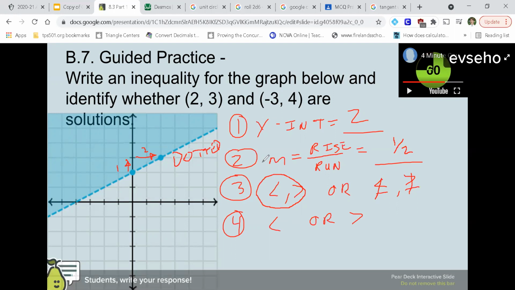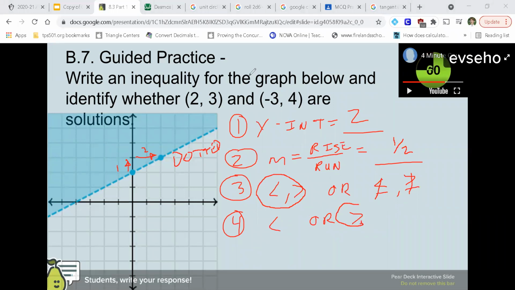Uh-oh. What do we think? You think less than? Why? Just because we feel like less than right now. What's the test? Look at the shading, right? We're shading above. So since we're shading above the line, we want greater than.